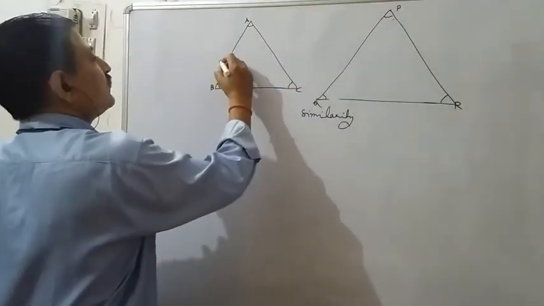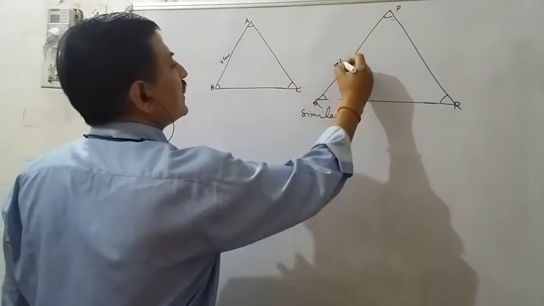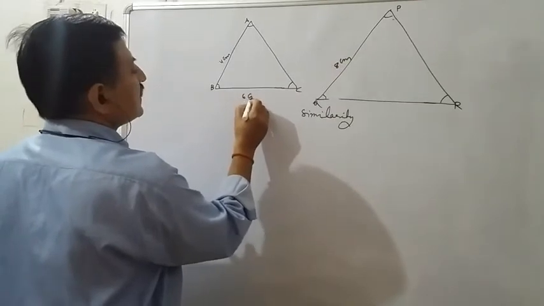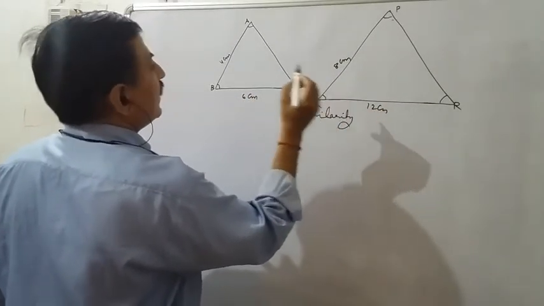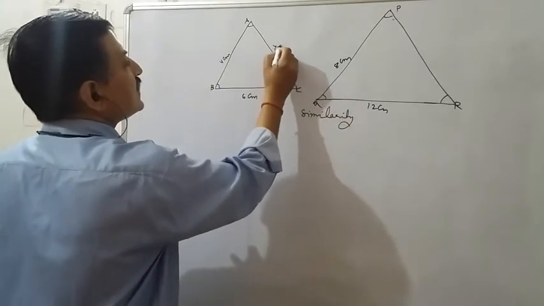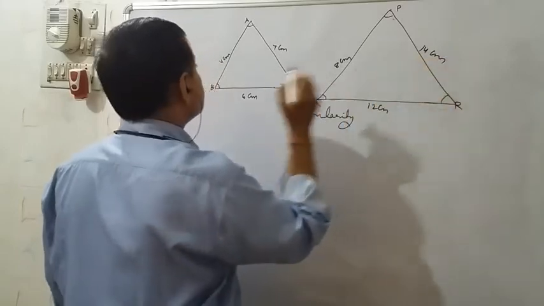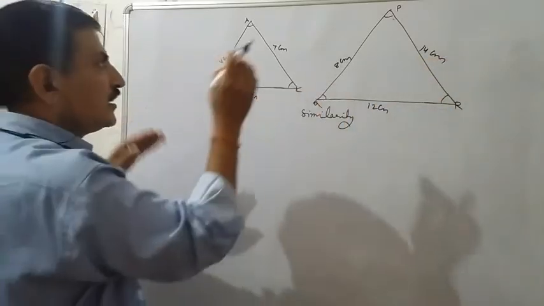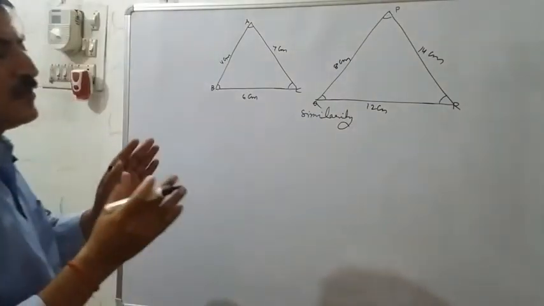AB equals 4 centimeters and PQ equals 8 centimeters, BC is 6 centimeters and QR is 12 centimeters, and AC equals 7 centimeters and PR equals 14 centimeters. You will see that both triangles do not have equal sizes, but their shape is the same.